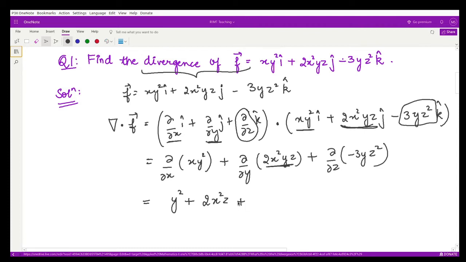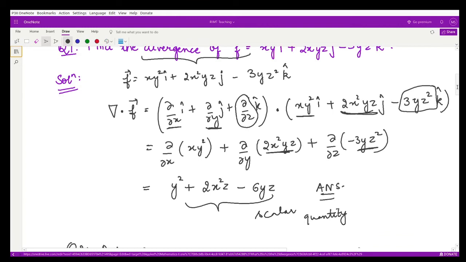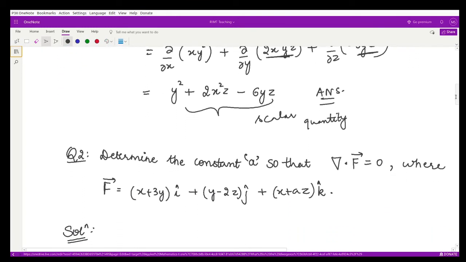And lastly, when you take the partial derivative of the third term with respect to z, y would be treated as constant, so it would be minus 6yz. So this is the divergence of the given vector f, and note that this is a scalar quantity. It does not involve any direction, any unit vectors i cap, j cap or k cap.